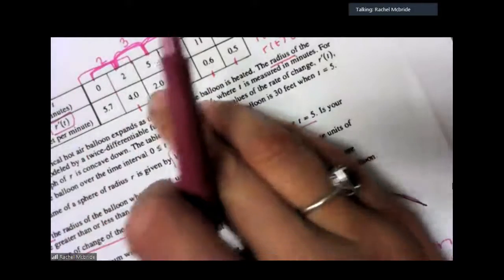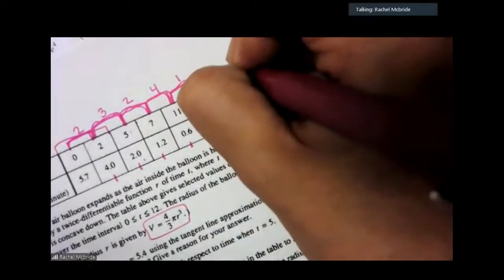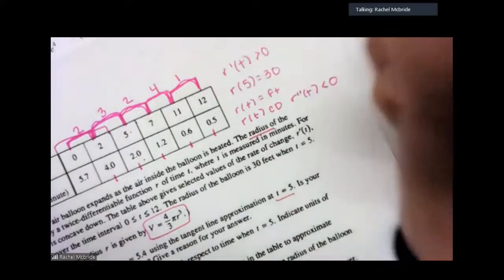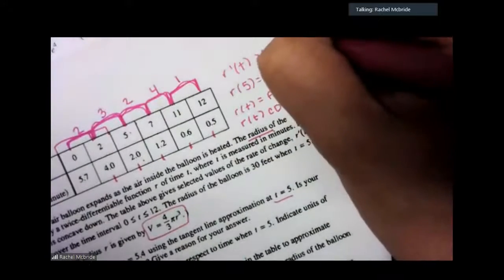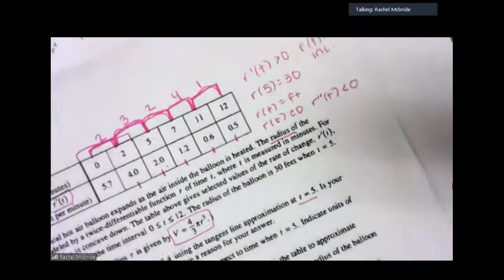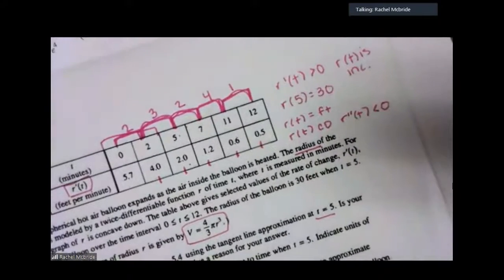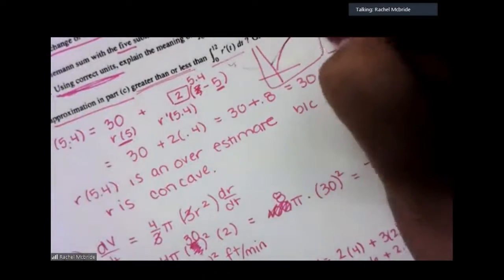So the derivative is positive. If the derivative is positive, then the original is increasing. So my graph of the original is increasing and concave down.